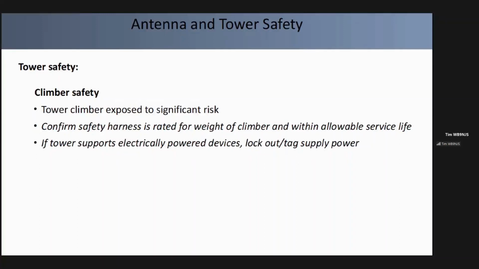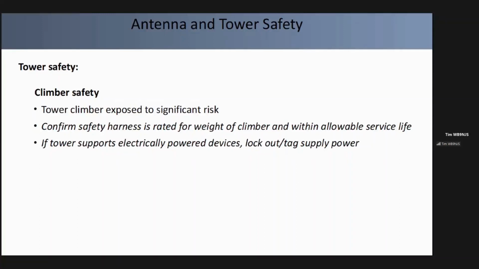Any of you, like me, who've worked in an industrial environment might be familiar with the term LOTO, lockout, tagout. That's what you do to make sure that equipment is not energized when you do not expect it to be.